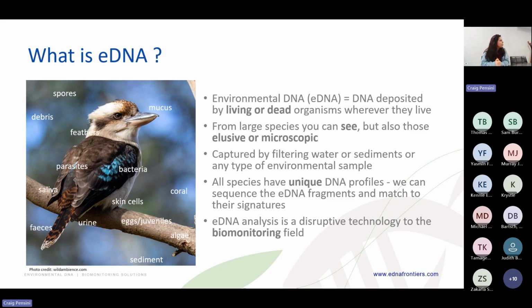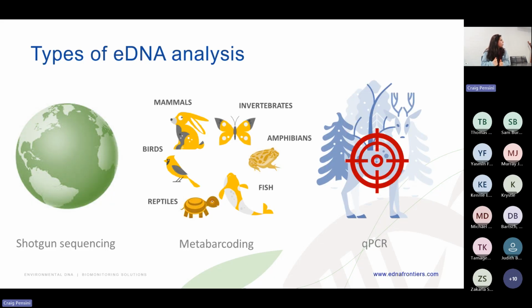so a very exciting field. There are three main types of eDNA analysis. Shotgun sequencing is more used in the research stream than in applied services. What we use most in general is metabarcoding and qPCR.